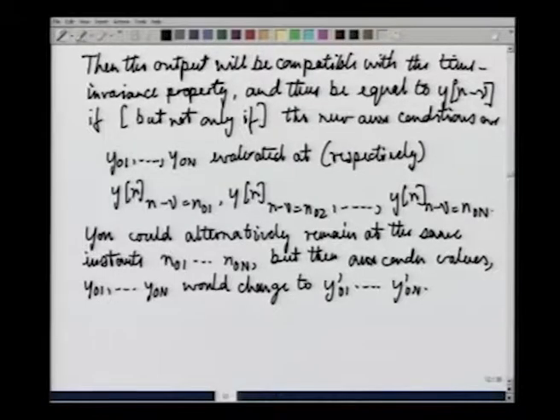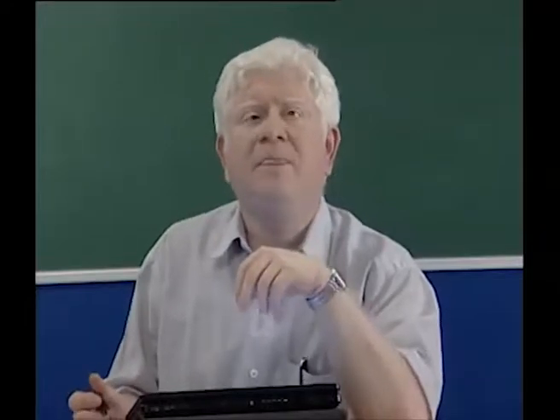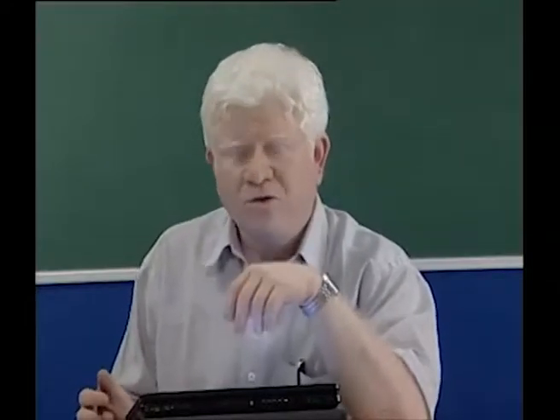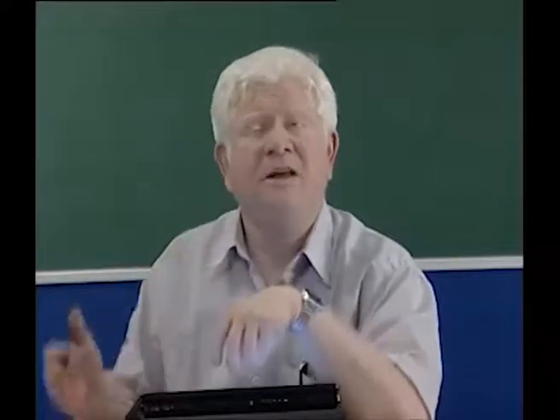What are these values y dash 01 to y dash 0n? They are the values you would see for the curve after it has been shifted.